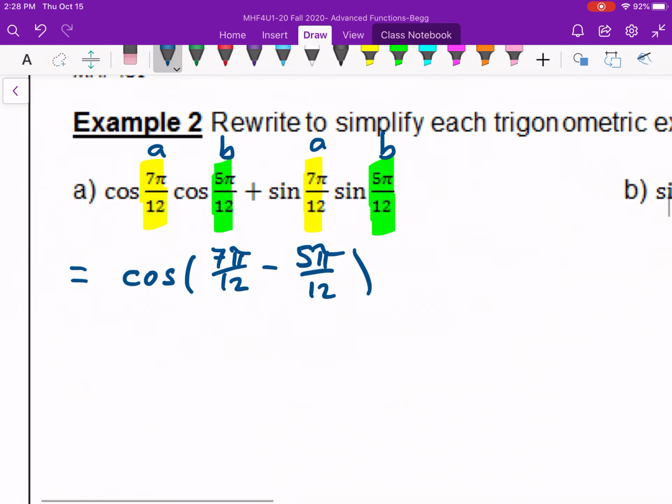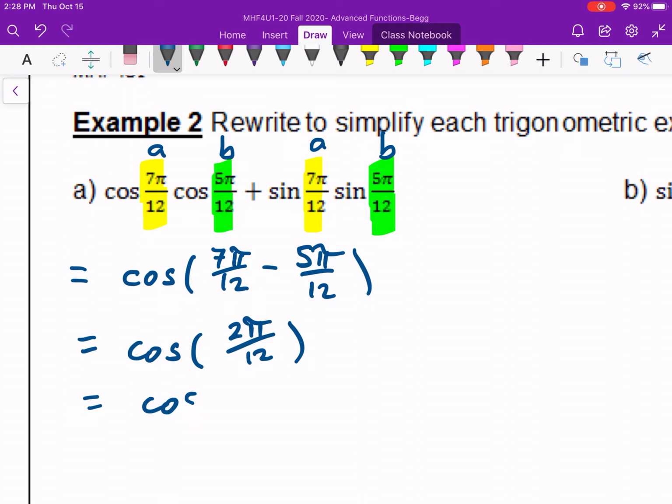Yep, A minus B. So great, we've rewritten it like that. So what? Well, 7 pi over 12 minus 5 pi over 12 can be simplified further. All I have to do is write it as 2 pi over 12, and that reduces even further. That's cos of pi over 6. So this long formula was worked backwards to be made into something easier to work with.